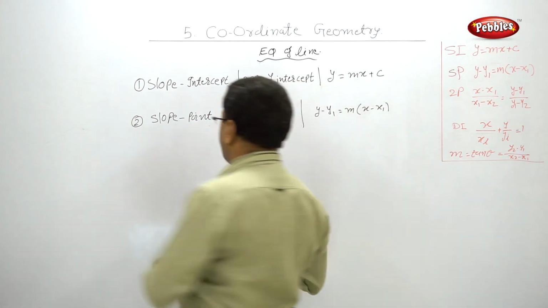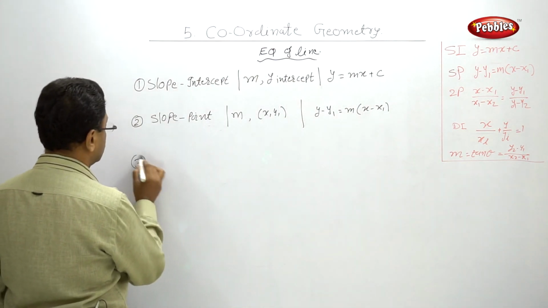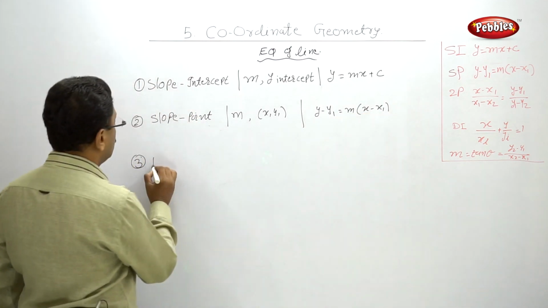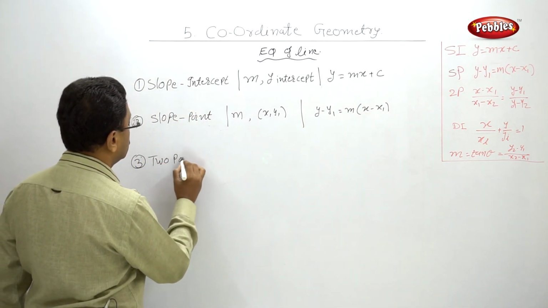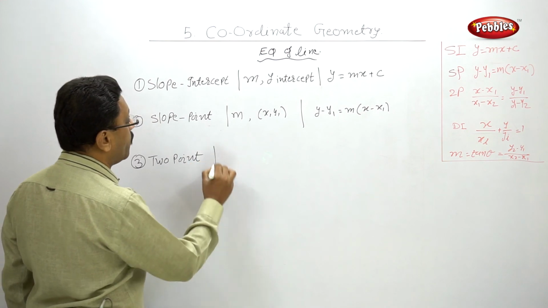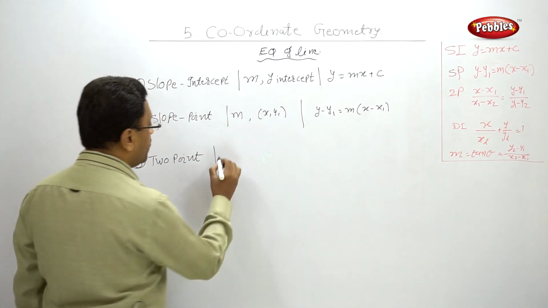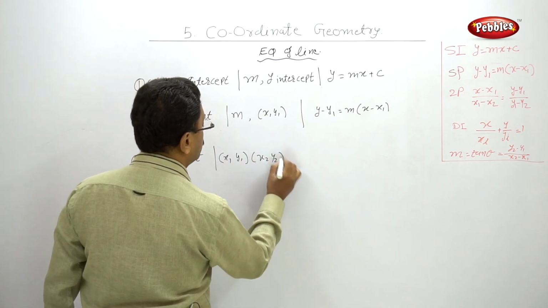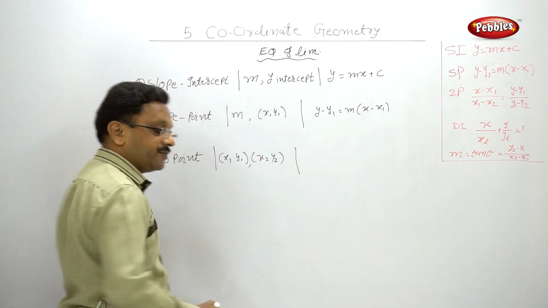What is the third type? The third type is 2P, that is 2 point form. In this case you will be given x1 y1 and x2 y2. These 2 points will be given.